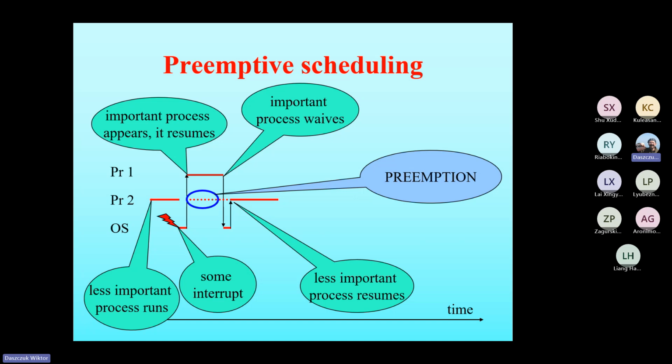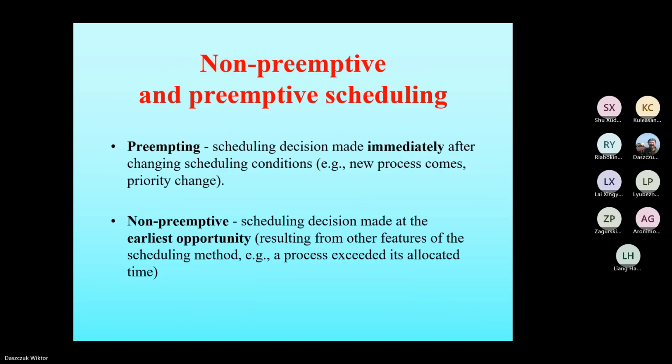This is preemption. So preempting is when the decision is made immediately, and in non-preemptive, we wait for some opportunity to make the decision.